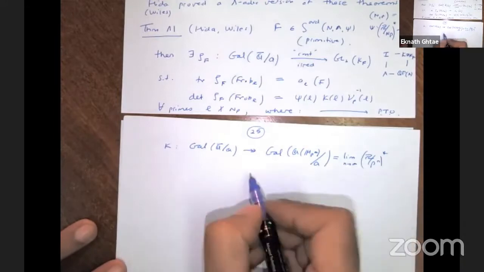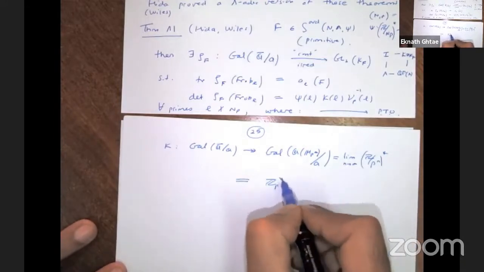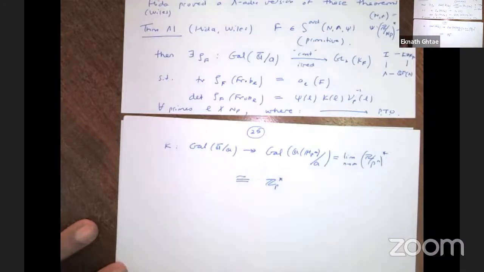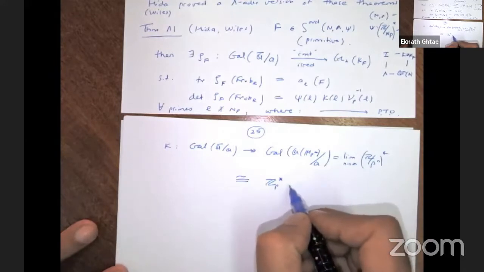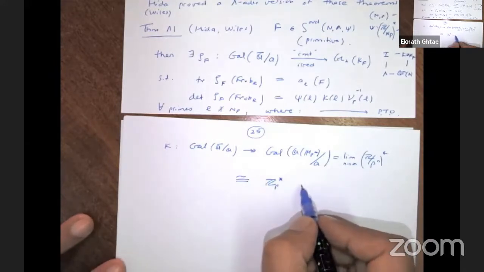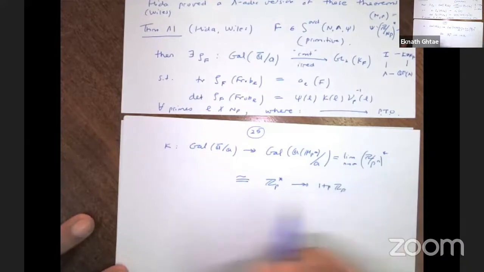Which is the same as Zp star. It's the periodic units. Z mod P to the n star is just Zp star. And Zp star decomposes into a Z mod P star and a 1 plus P Zp. So we further project to the 1 plus P Zp part, the second factor of Zp star.